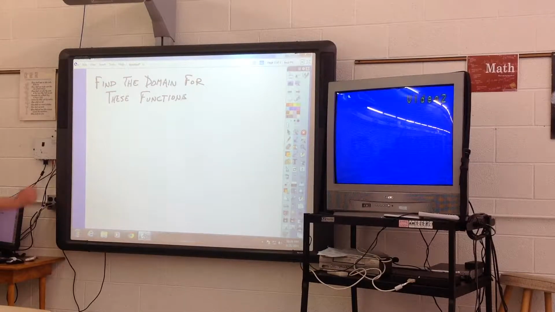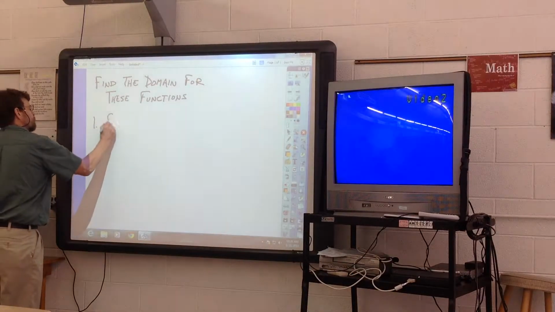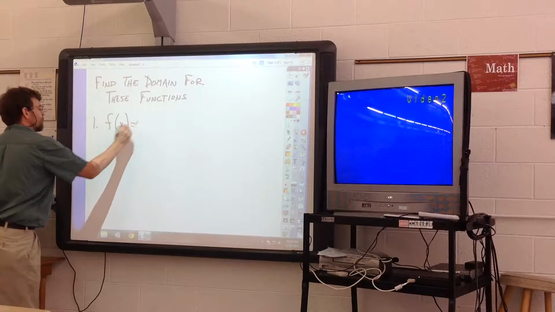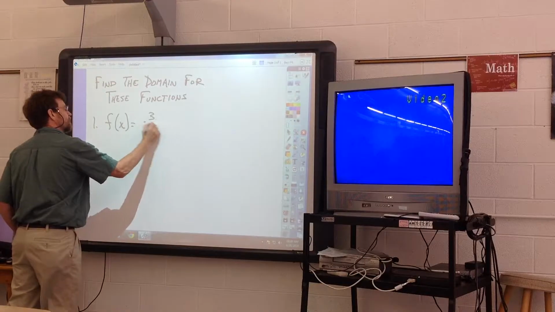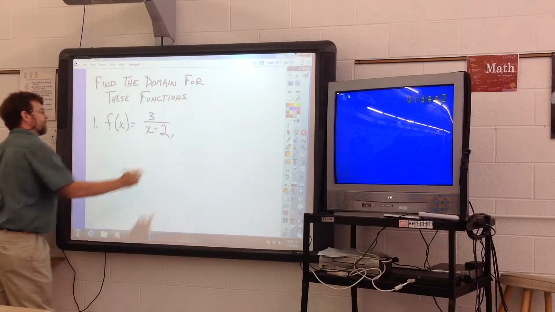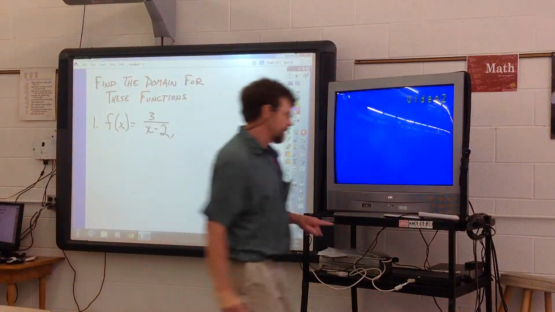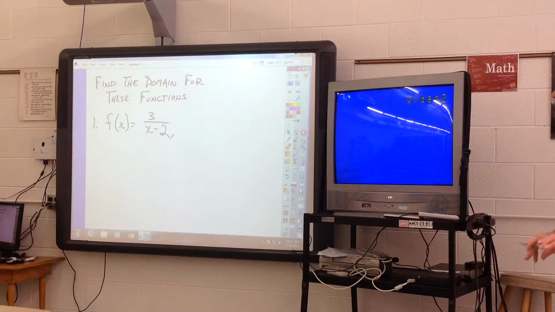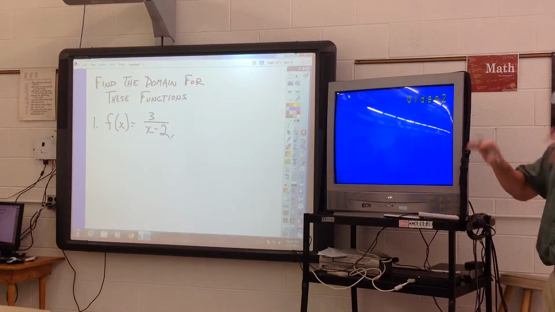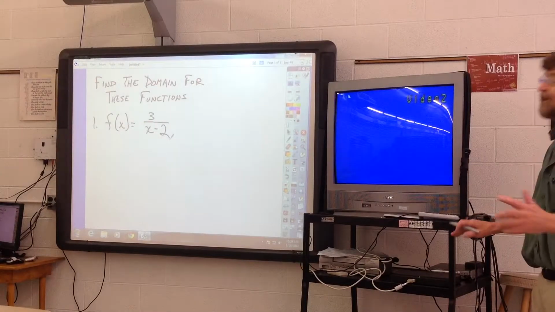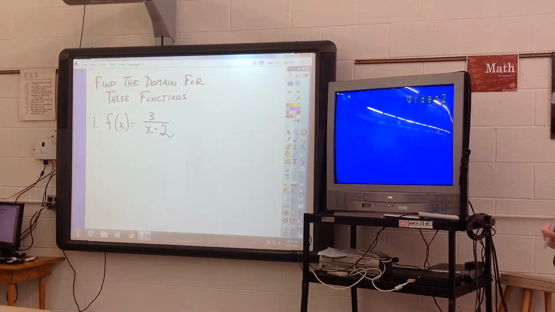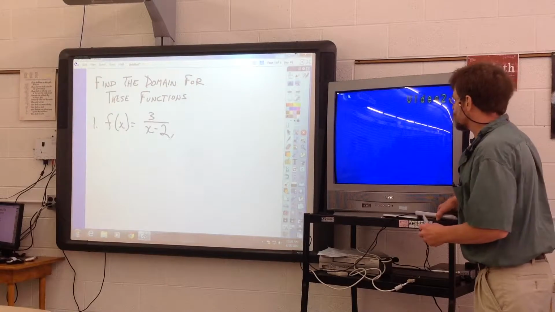So the first one, number 1. We just want to find the domain of f(x) = 3 over x minus 2. And once you see what's going on, it's not that difficult. In other words, we want to know what values of x we can use, or in some cases, it might be easier to figure out what values of x we cannot use.